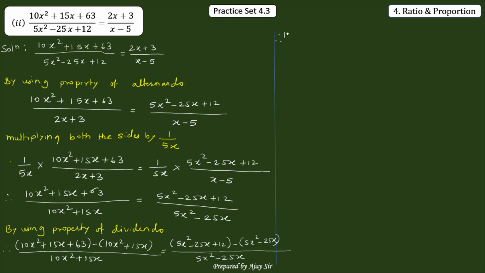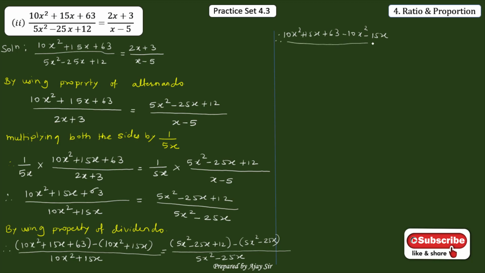That is 10x² + 15x + 63. Then if the minus sign is outside, the inside signs will change: plus will become minus, and plus again becomes minus. So these two terms will be minus 10x² minus 15x.